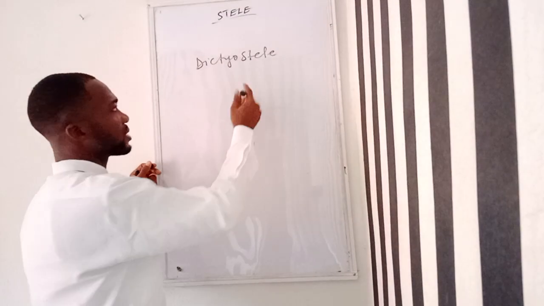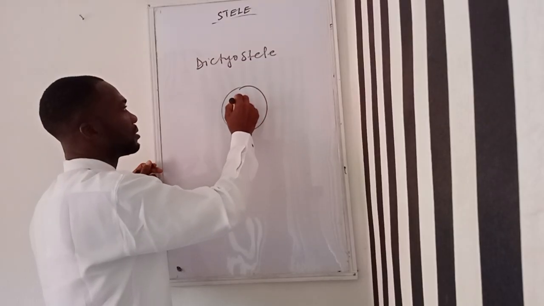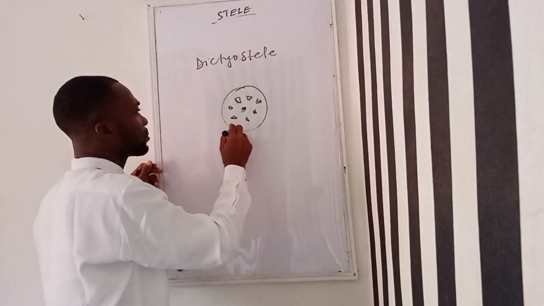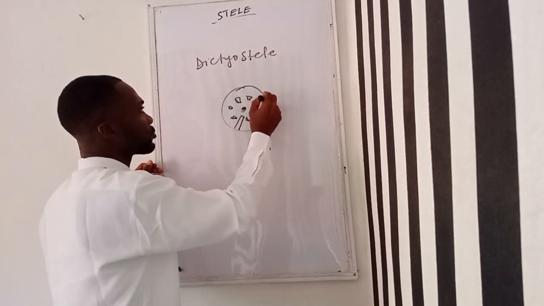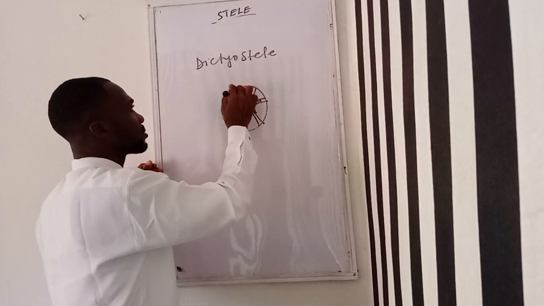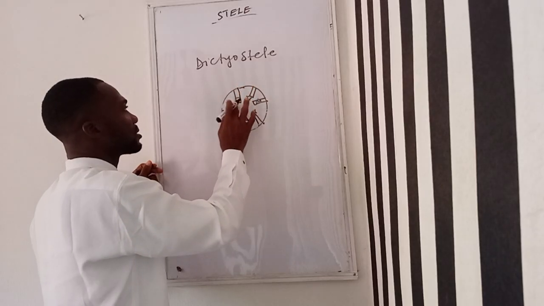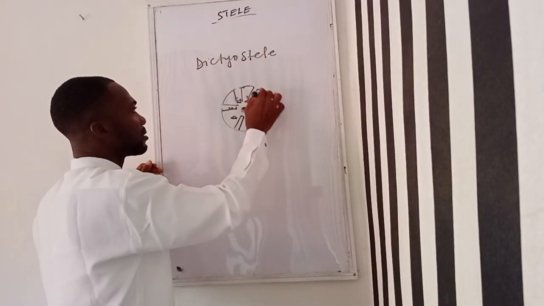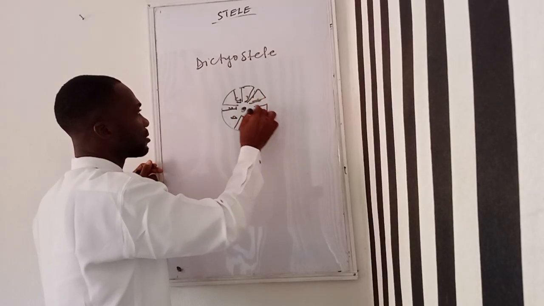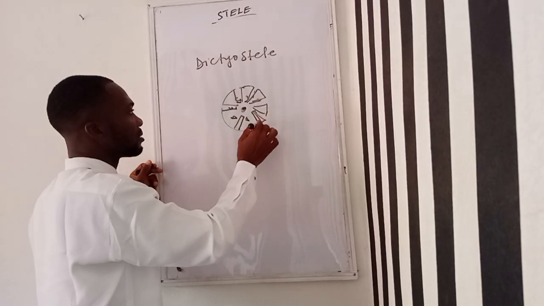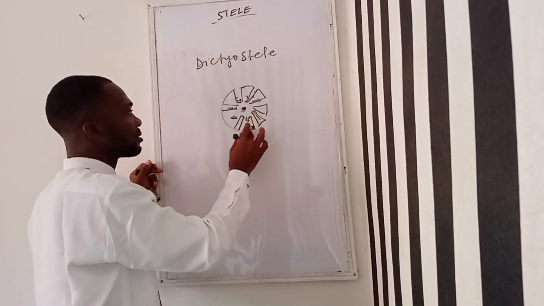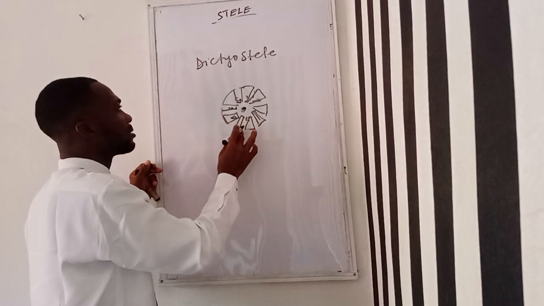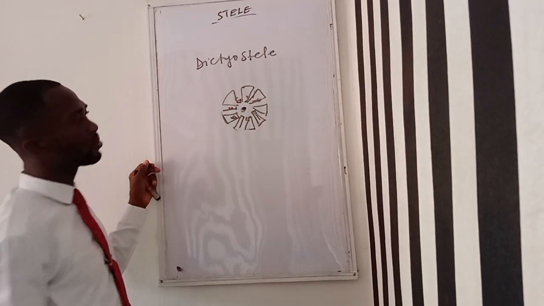And these vascular strands, with all their associated tissues, are now broken down into vascular strands.